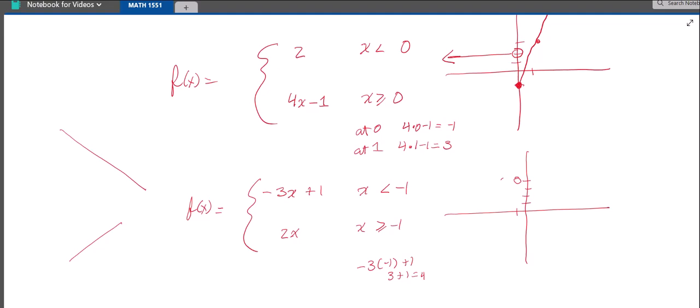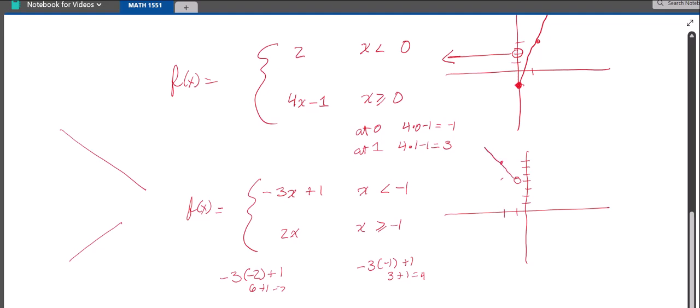I need to get one more point, so I'll put in negative 2. It needs to be less than negative 1. And that'll be negative 3 times negative 2 plus 1. That's 6 plus 1 is 7. So at negative 2, it's 7. So it's 4, 5, 6, 7. Right there.